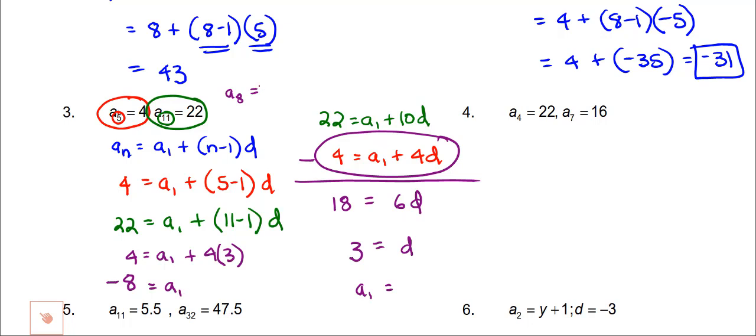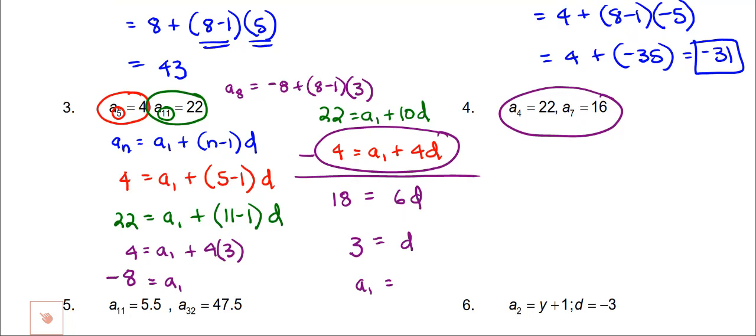The first term, who is it? Negative 8 plus, if I want to get to the 8th term, 8 minus 1, which is 7, you're right. And how big are my steps? 3. Will that get us to the 8th term? Yeah.